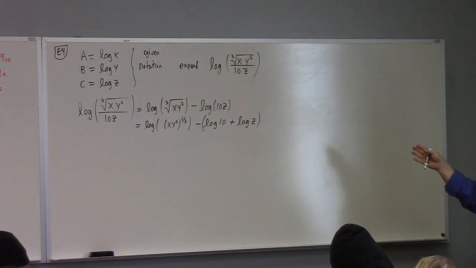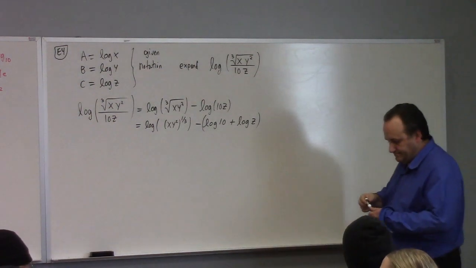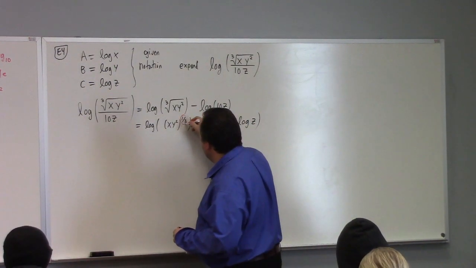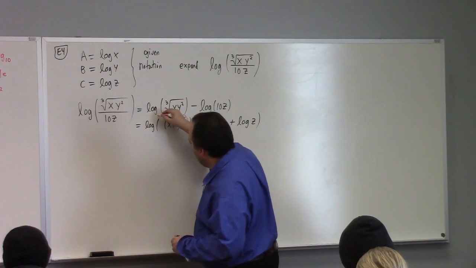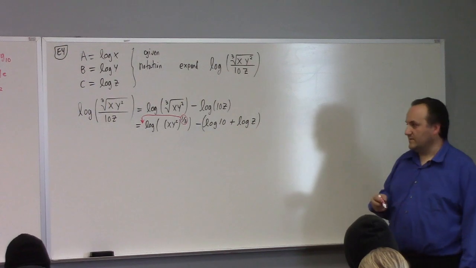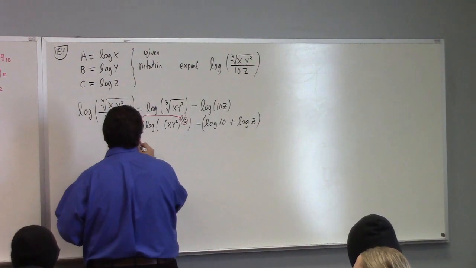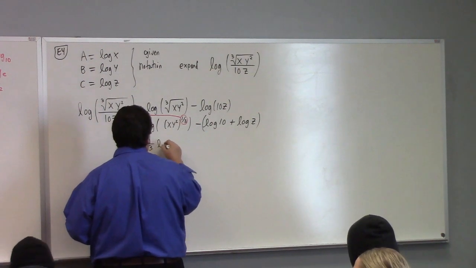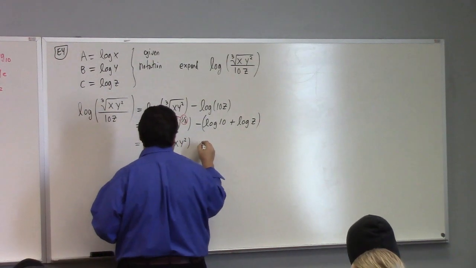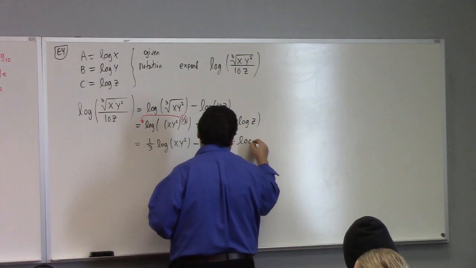Now what can we do with this third here? Move it out front, right? That's the power property of the log. So this is equal to 1/3 log of xy squared, and then minus the log of 10 minus the log of z.